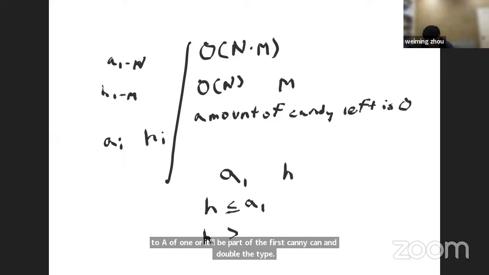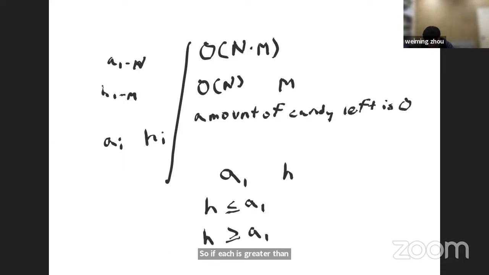So if H is strictly greater than A of 1, then it'll double its height.